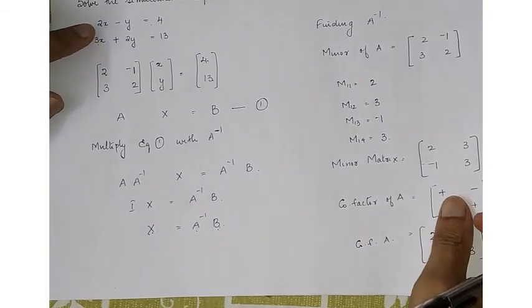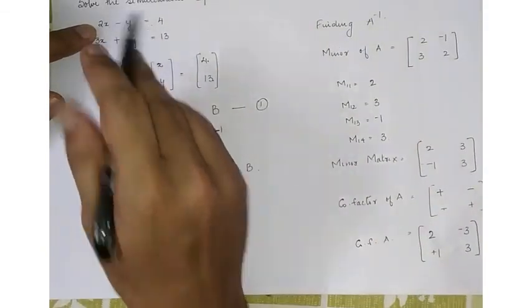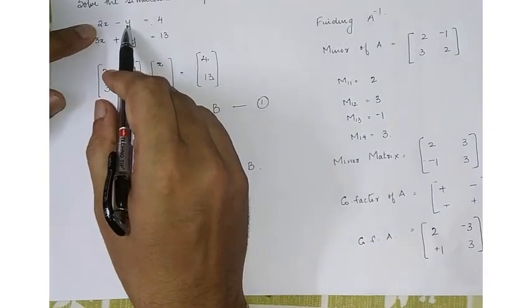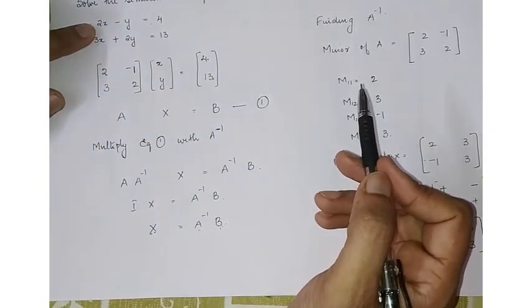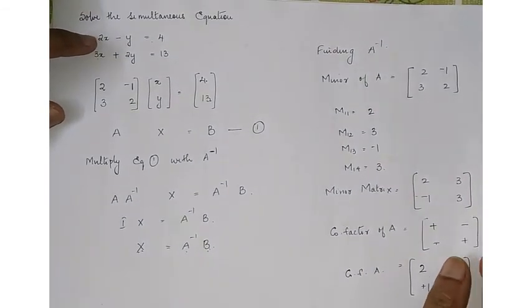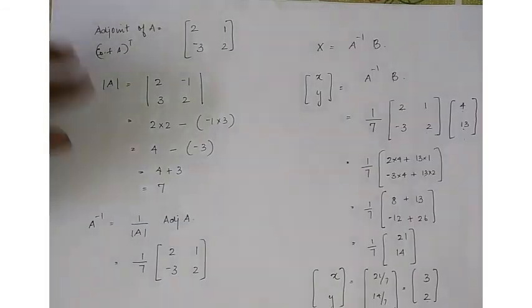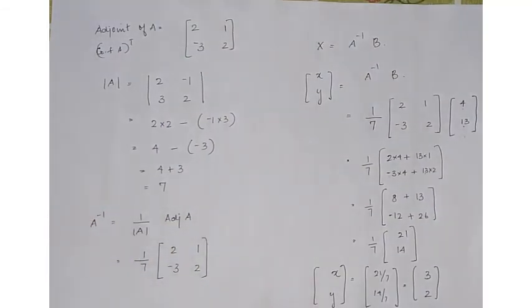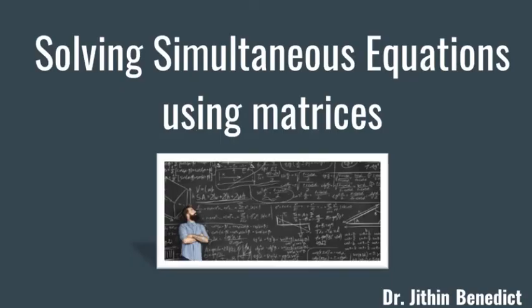So we know that 2 into 3 minus 2, 6 minus 2, is equal to 4. So hence we understood that the values are x is equal to 3 and y is equal to 2. So this is our final solution. I hope you understood how to solve a simultaneous equation using matrices. Thank you very much.